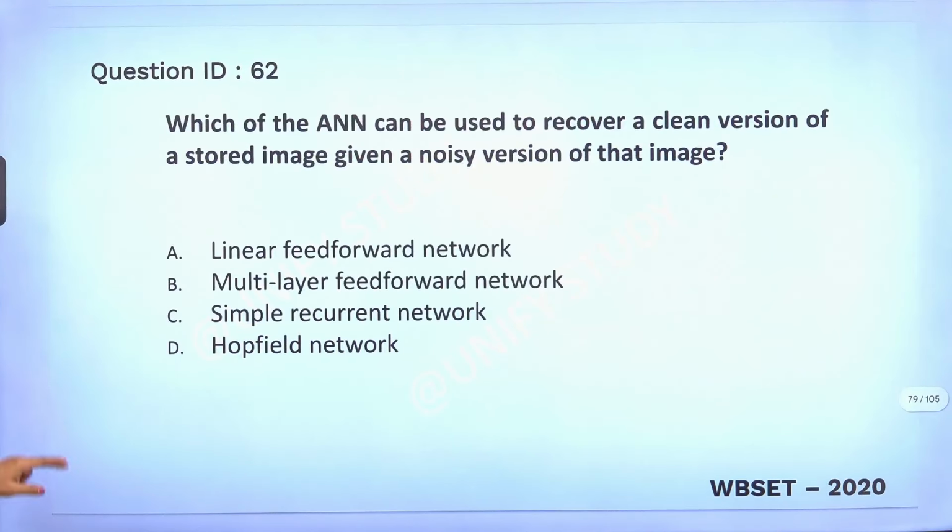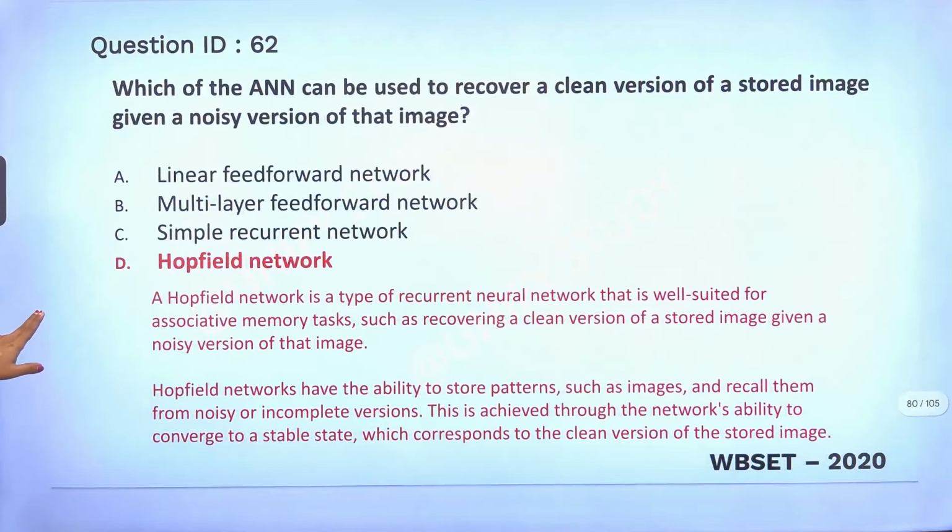Now, which ANN is used to recover a clean version to restore an image given a noisy version of the image? Applications are important, I told you. All the algorithm applications are very important. This is Hopfield network.